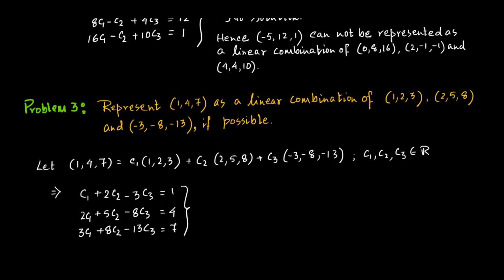And if you solve, then you can see that this system of linear simultaneous equations will possess an infinite number of solutions given by C1 is equal to minus 3 minus a, C2 is equal to 2 plus 2a, and C3 is equal to a.